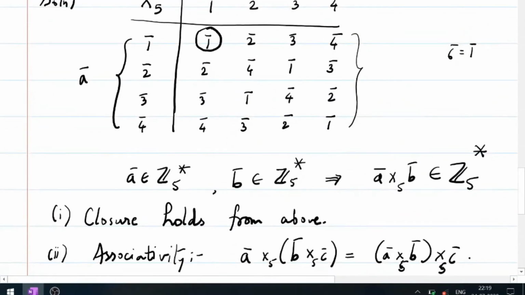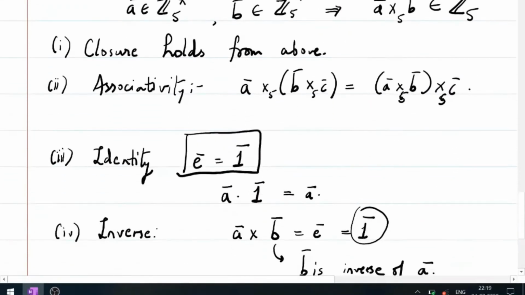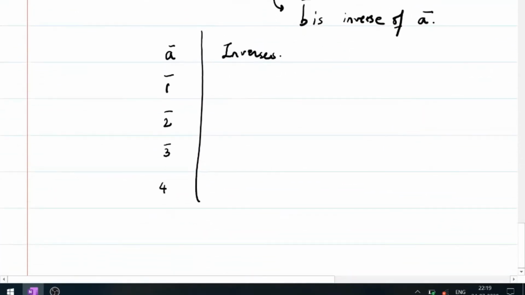So 1 bar into 1 bar is 1 bar, 2 bar into 3 bar is 1 bar, 3 bar into 2 bar is also 1 bar, and 4 bar into 4 bar is again 1 bar. So the inverse of 1 is 1, the inverse of 2 is 3, the inverse of 3 is 2, and the inverse of 4 is 4 itself. So I will write it here. 1 bar, 2 bar inverse is 3 bar, 3 bar inverse is 2 bar, and 4 bar inverse is 4 bar itself.